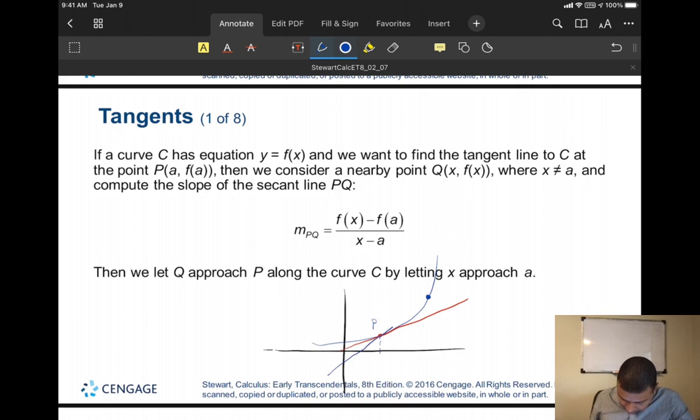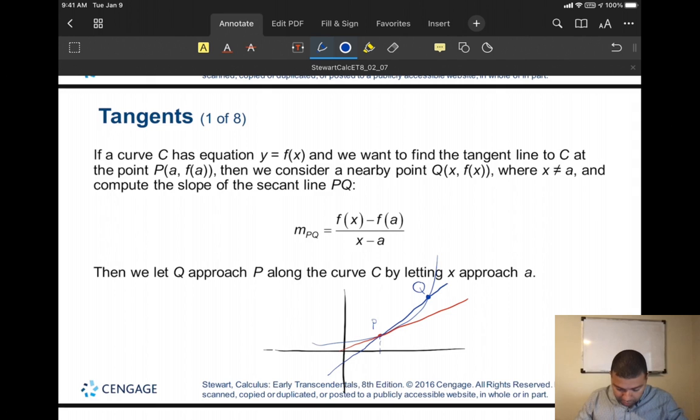And we look at the secant line. And the slope of that secant line is this m_PQ. Okay? And we make Q get closer and closer to P by using limits. Okay? To make that be the tangent line.